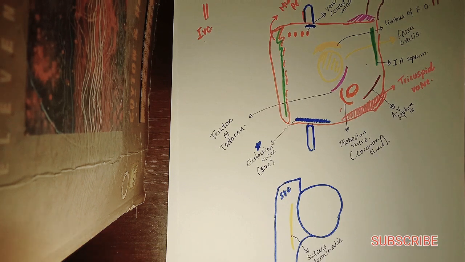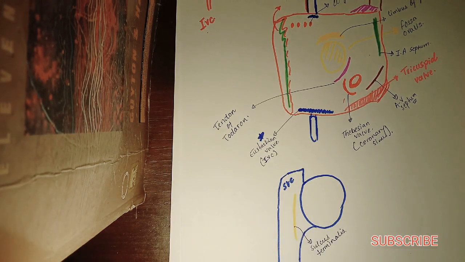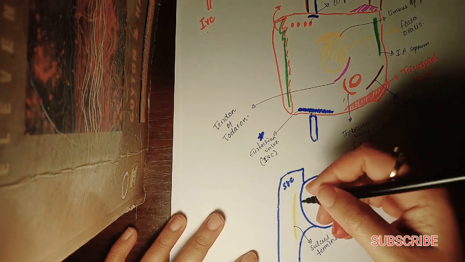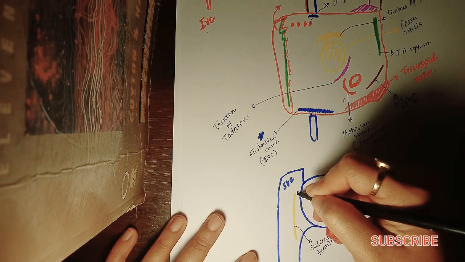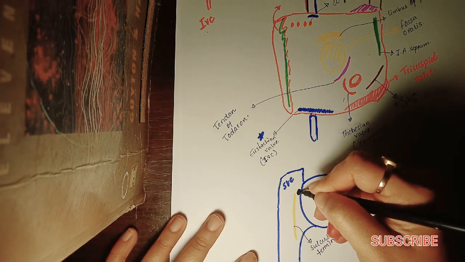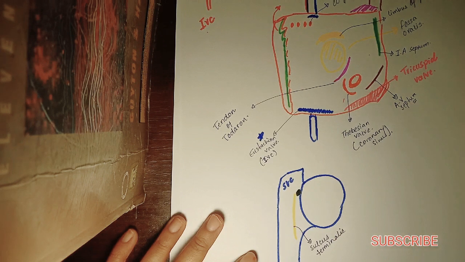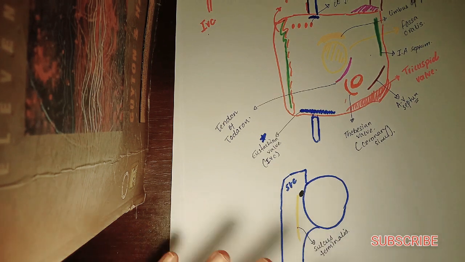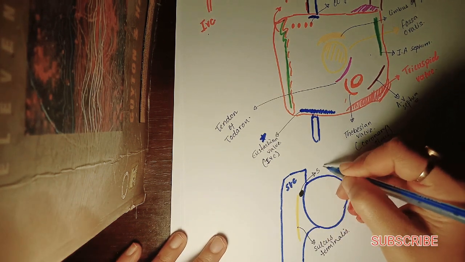The important thing we are searching for in the heart is the SA node. If we think about the heart's conducting system, it starts with the SA node. But where is it located? It is located near the sulcus terminalis. This is a most commonly asked question in the exam.